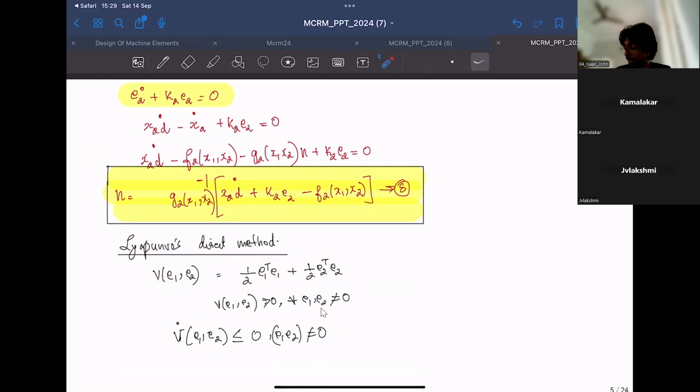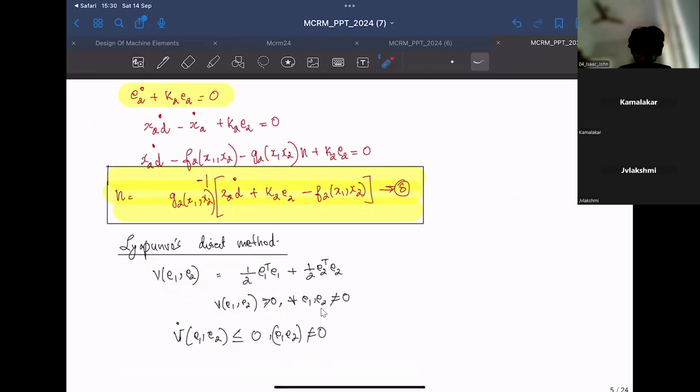And there are a lot of ways, theoretically, you can select this Lyapunov function. This is actually a pretty valid Lyapunov function because, as per the criteria, you only need to ensure that the function is positive definite, irrespective of whether E1 is greater than 0 or E2 is greater than 0.